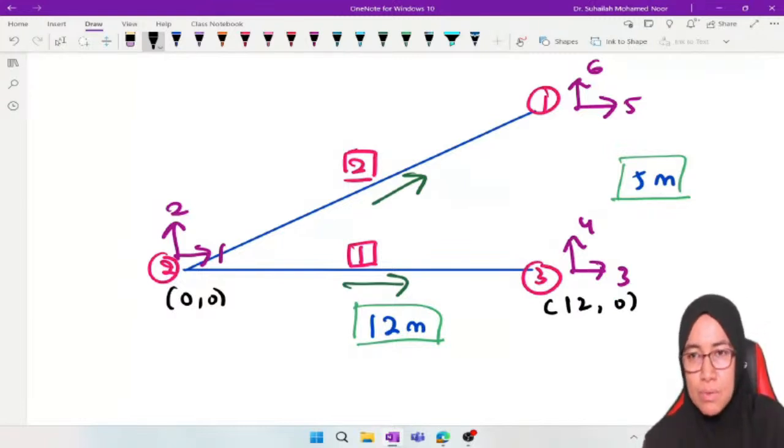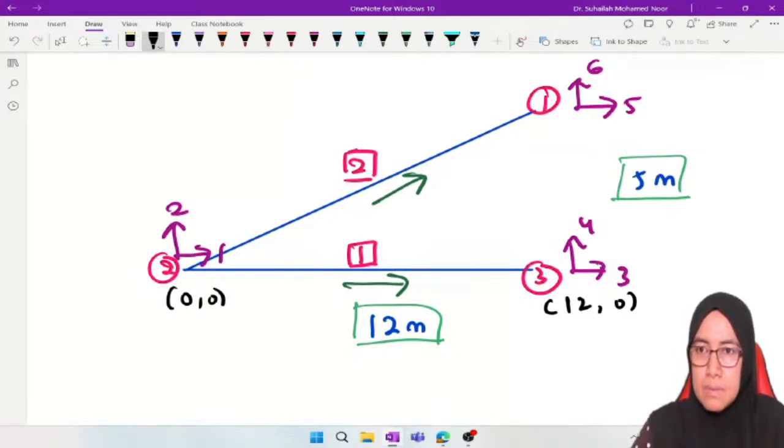And for node number 1, the coordinate is... you can write the answer in the chat box.